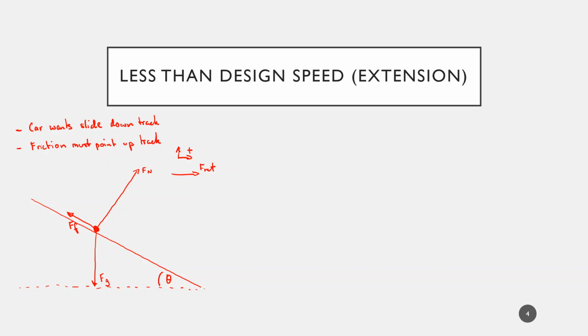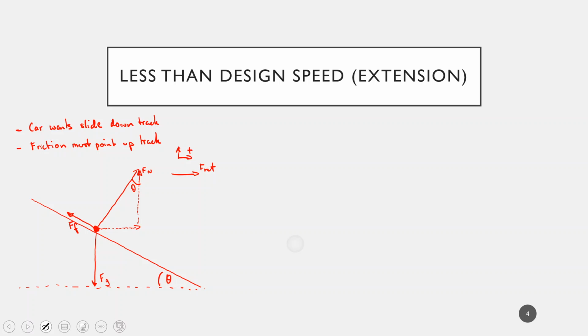All right, let's break stuff into components. Let's do our normal force. There's a horizontal component and a vertical component. This angle here is going to be this angle there.